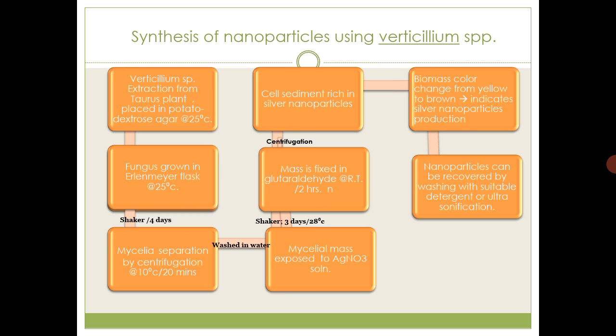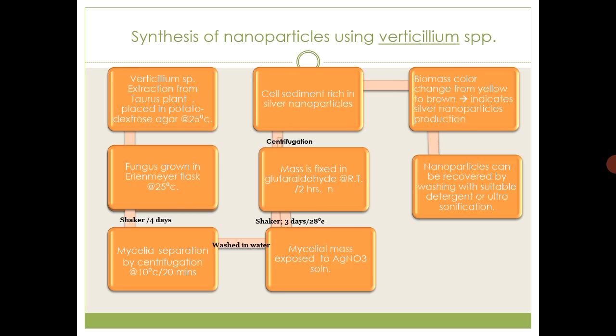When we keep our mycelial mass, which was exposed to the AgNO3 solution, in the glutaraldehyde medium, we are giving time to the Verticillium species to synthesize the silver nanoparticles intracellularly, and therefore after the centrifugation process we will get the cell sediment which is very rich in silver nanoparticles, which should be our product.